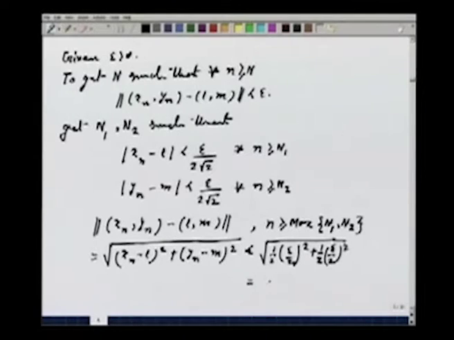What I get is the square root of (epsilon by 2) whole square. So that is epsilon by 2, which is anyway strictly less than epsilon.